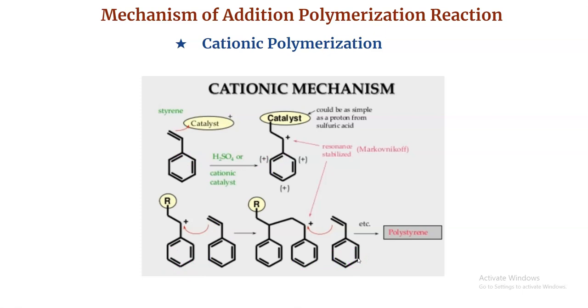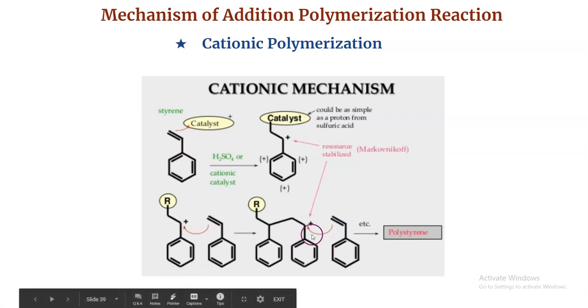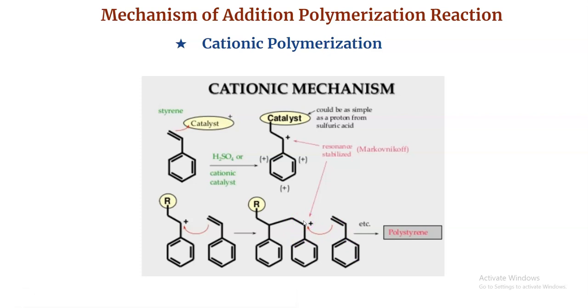And in the chain termination step, basically you have to neutralize that positive charge. You neutralize that through introduction of a counter anion. We don't need this for this class, but you can always go and research how to terminate a cationic polymerization reaction. There could be simple addition of a negative species, or there could be elimination.